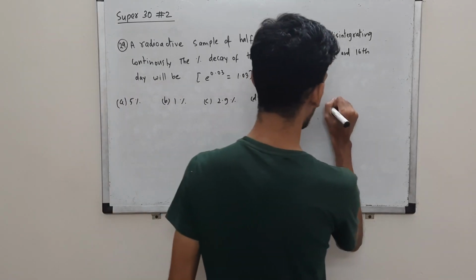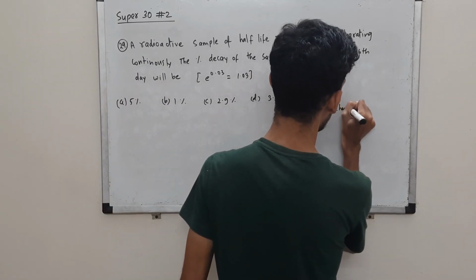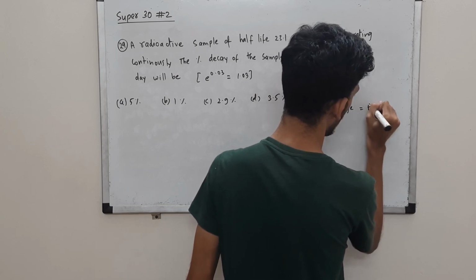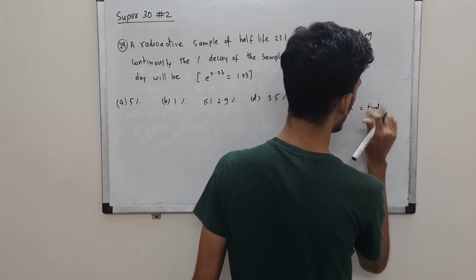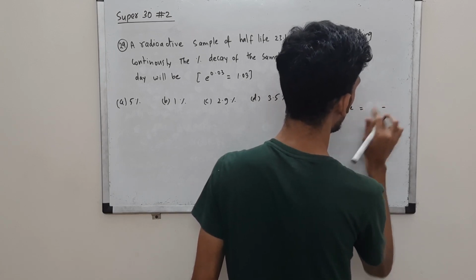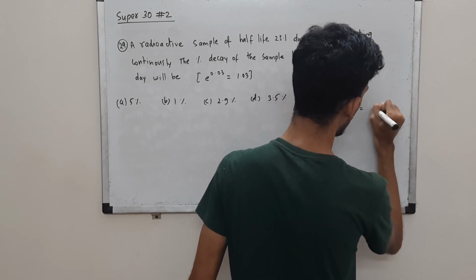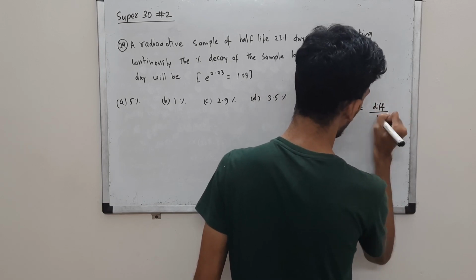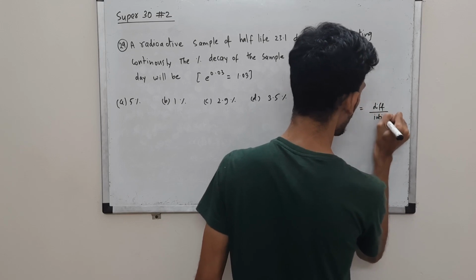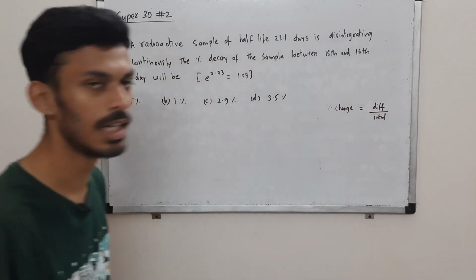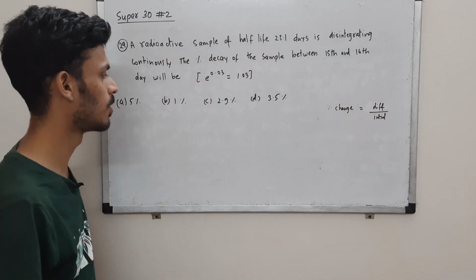Whenever they ask for percentage change, it is the positive difference, final minus initial or initial minus final, upon initial. That is what you are supposed to calculate.